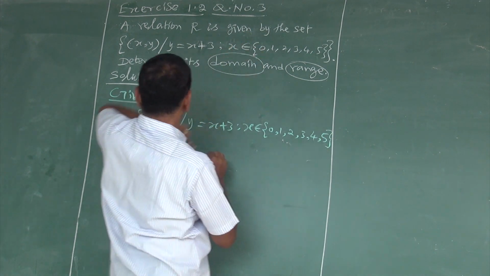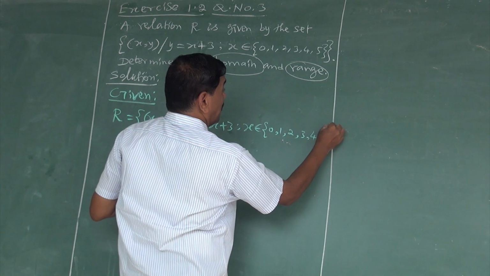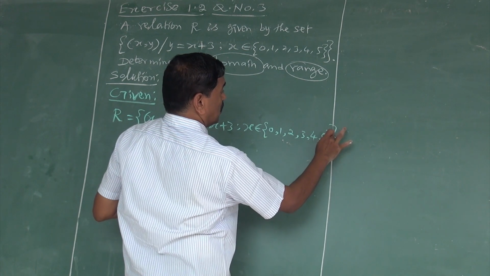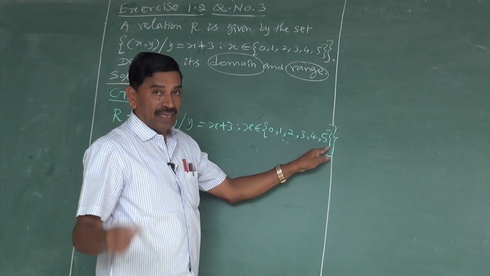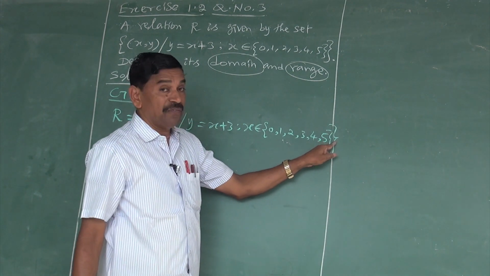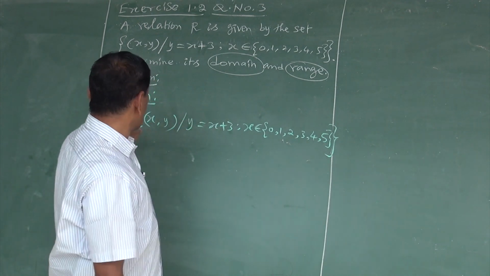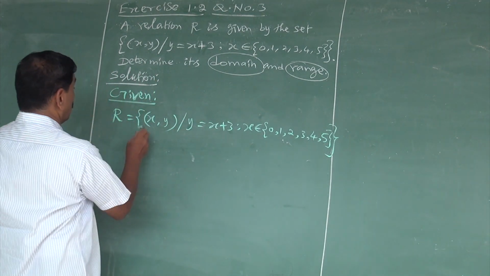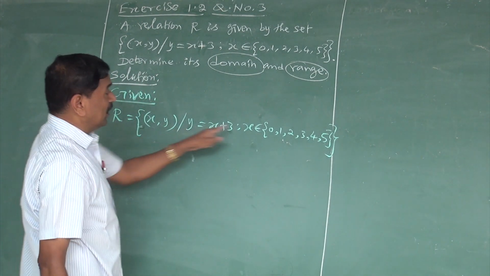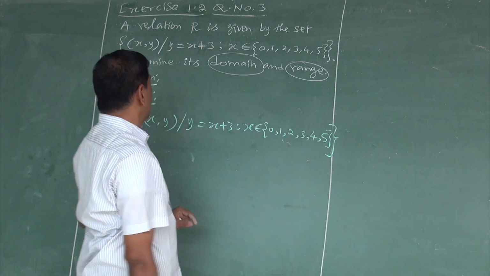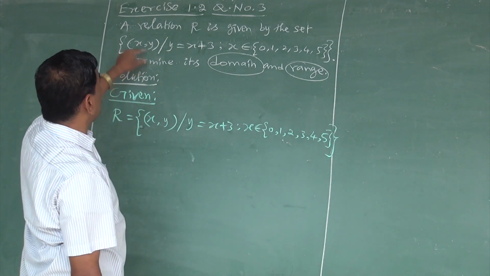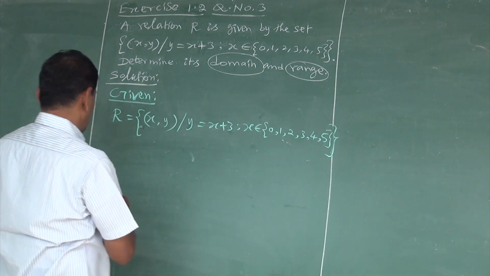Complete the flower bracket and complete the bigger bracket. There are two brackets: the first bracket for the x set and the second bracket for this set builder form. Starting with one bigger flower bracket and ending with a flower bracket. Okay, which is the given information. Given is ready. Now to find.